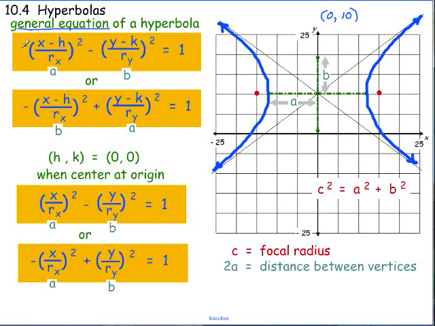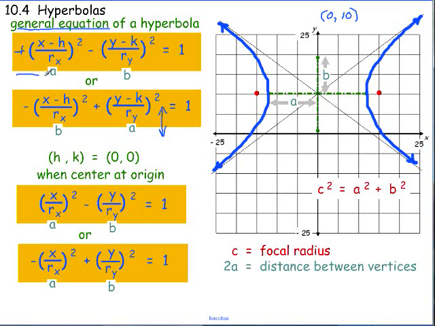And because this is positive, we see a transverse axis, which is horizontal. Had the y term been positive, we would have seen a transverse axis that was vertical.